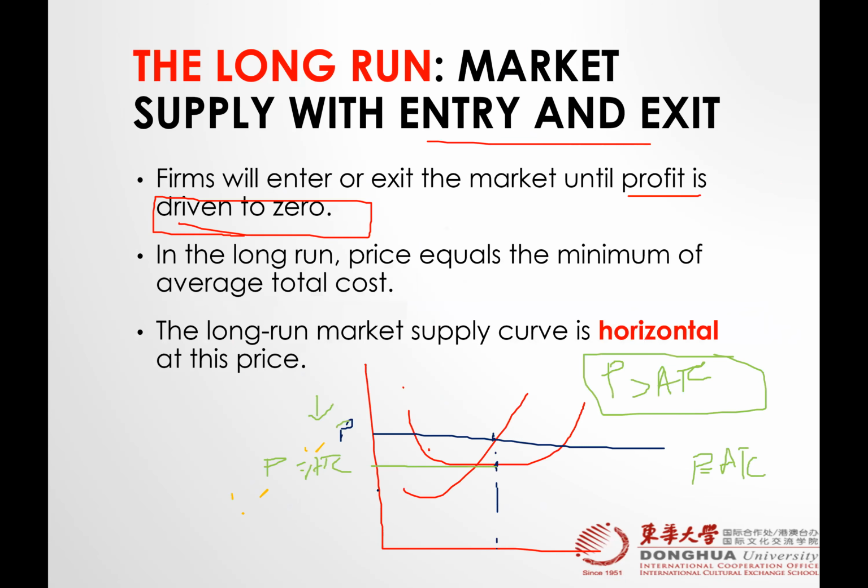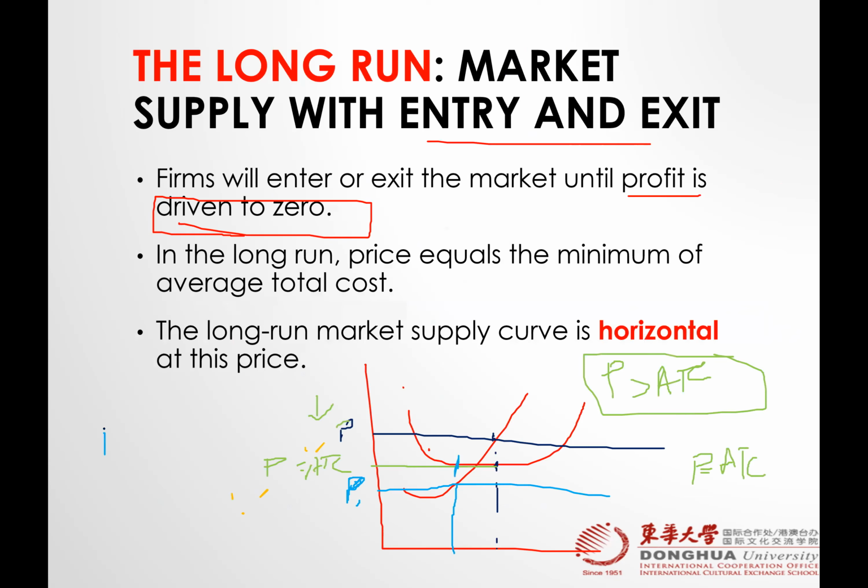If the price is here at this point, so this much quantity you will produce here, and that would be your cost. That would be your price. Price, let us say P1. So in this case, this is the average total cost.